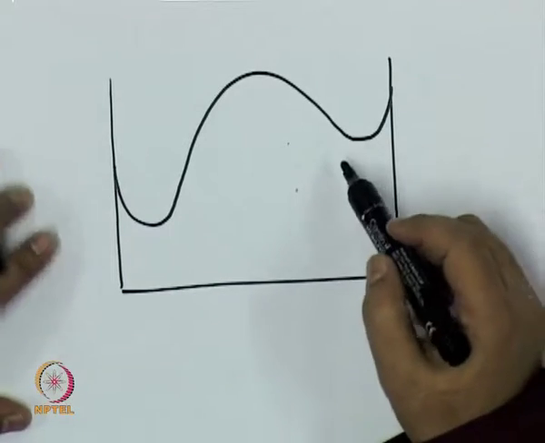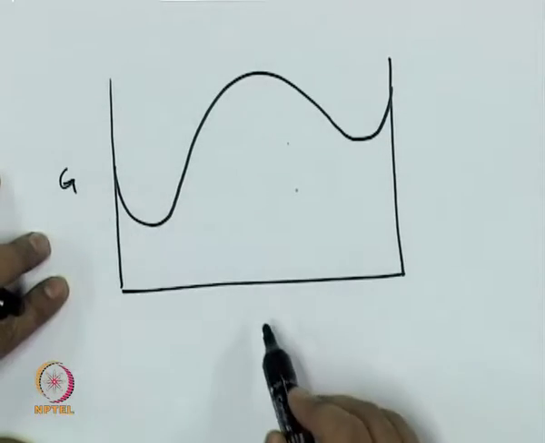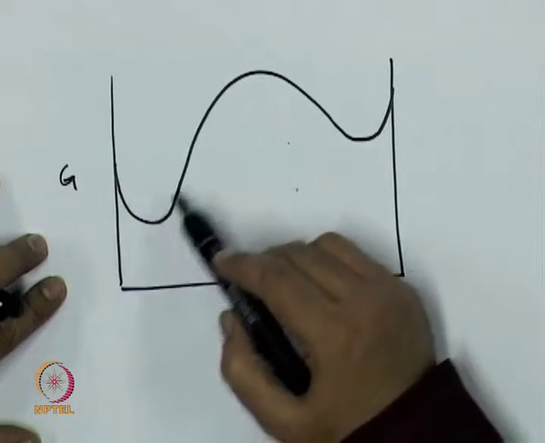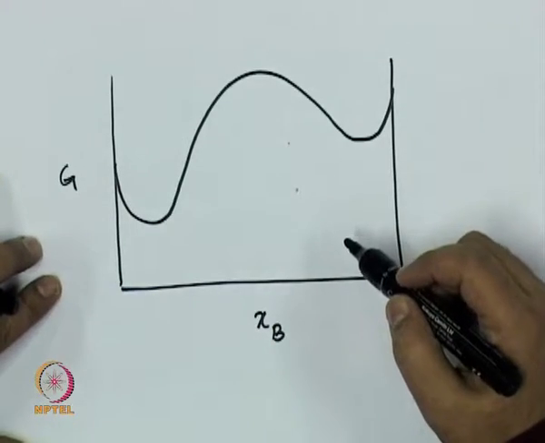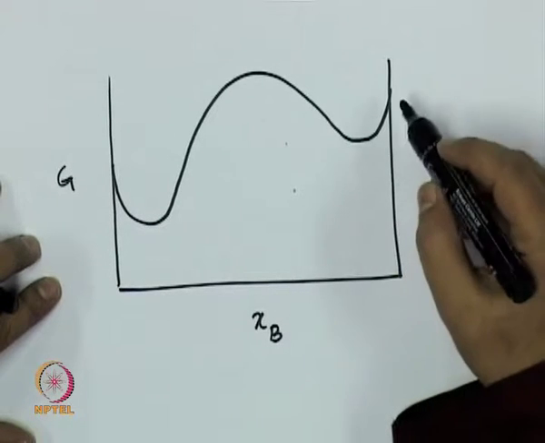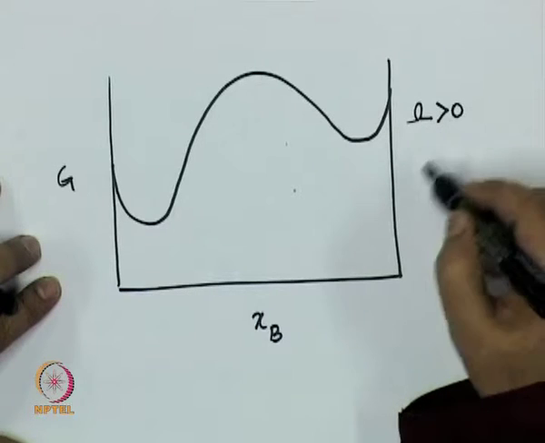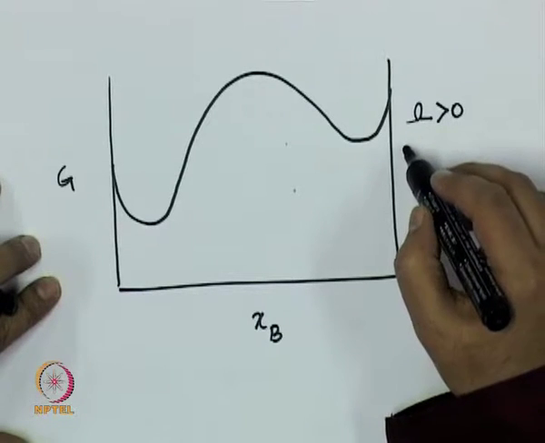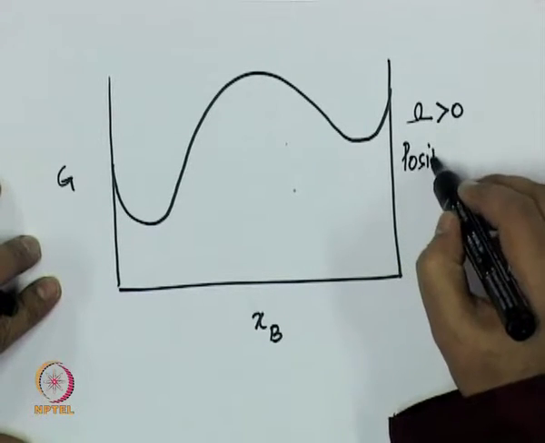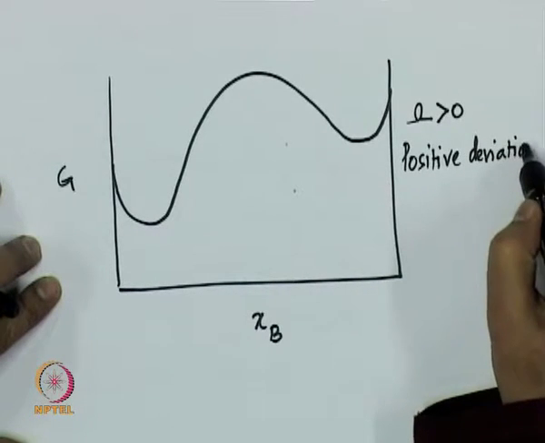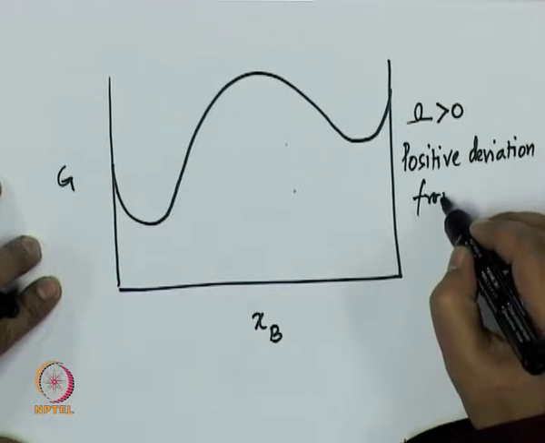So, this is a free energy versus composition curve, and we said that this kind of free energy versus composition curve will be seen in regular solution models when omega is greater than 0, that is positive deviation from ideality.